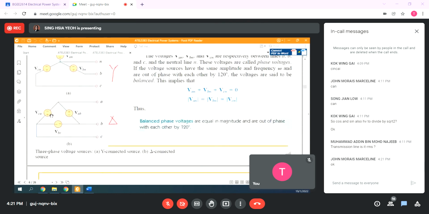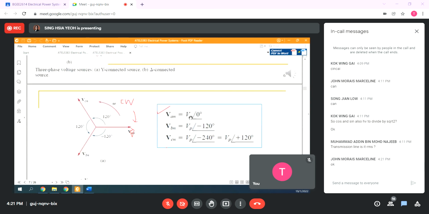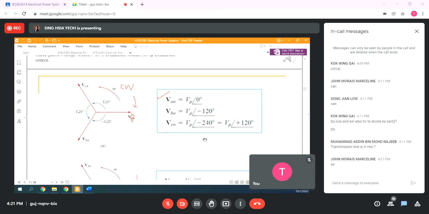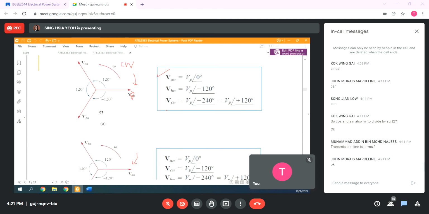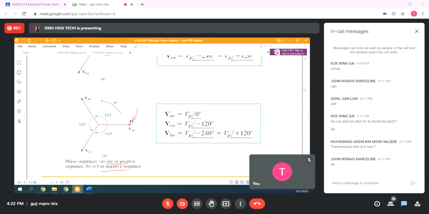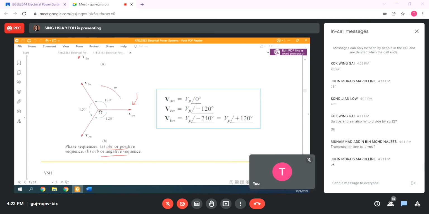They have the same amplitude and magnitude, just that the angle is 120 degrees apart. We call this three phase. There are two ways: one is clockwise, the other is anti-clockwise. Clockwise we call positive sequence, anti-clockwise we call negative sequence.